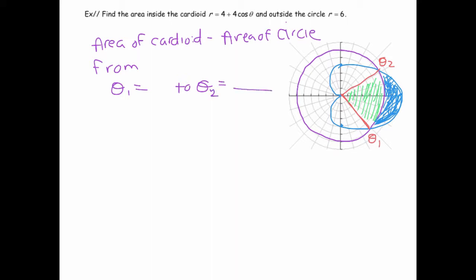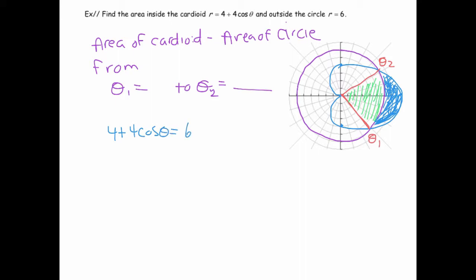So how do I figure out what theta 1 is? Well, we need to find where the 2 polar graphs intersect. So to do that, just find out where the r values are the same, because at this instant, theta 1, the distance from the pole for both polar graphs is equal. So if we set the r values equal, then 4 plus 4 cosine of theta, we want that to be equal to 6.